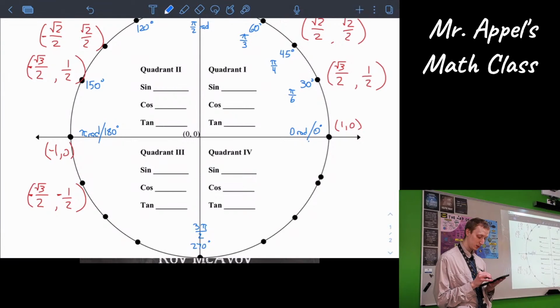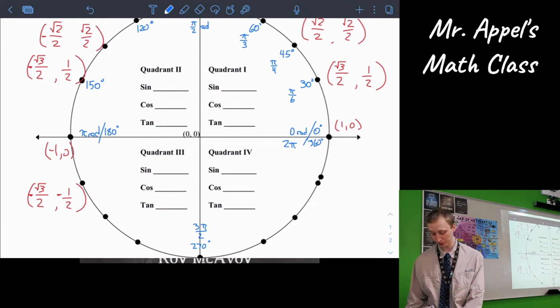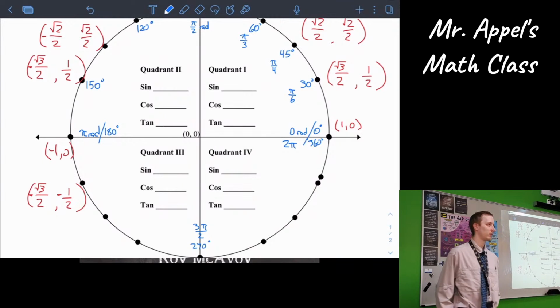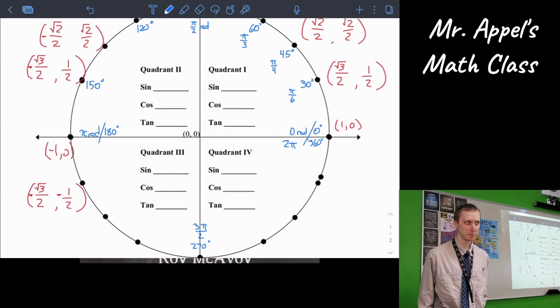And of course, back all the way around, 360 degrees, or 2 pi radians. Full circle. Gets you back to the same point. Those ones are worth memorizing.